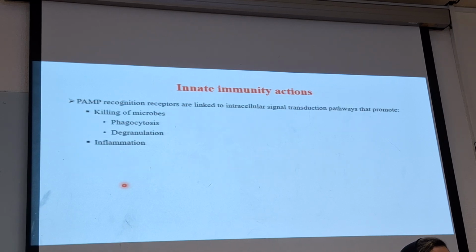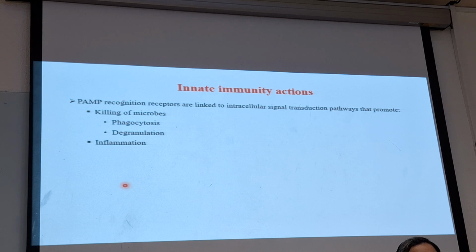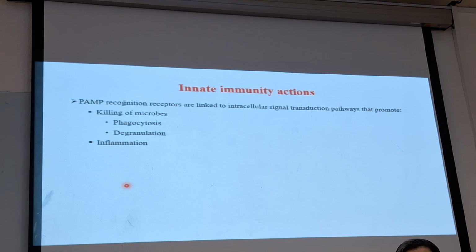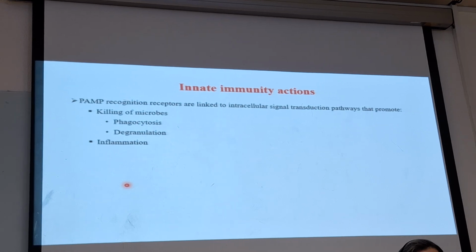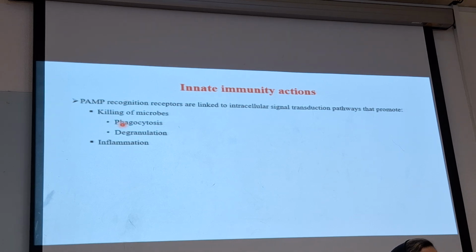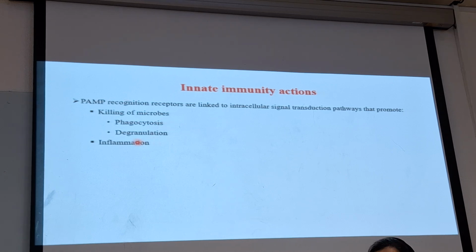I told you about pattern recognition receptors and how innate immune cells recognize antigens, pathogens, and foreign substances through these receptors. After that, these cells are activated and kill microbes through different mechanisms: phagocytosis, degranulation, releasing ROS (reactive oxygen species), releasing nitric oxide, and other things.